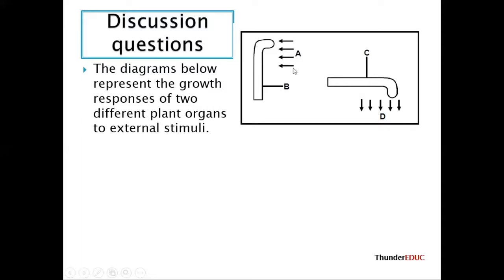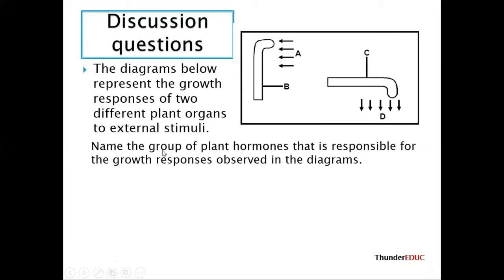Part A, I think it is light. And then this is the shoot, this is gravity, and this is a root. Name the group of plant hormones responsible for the growth response observed, which is auxins. So that's the group.